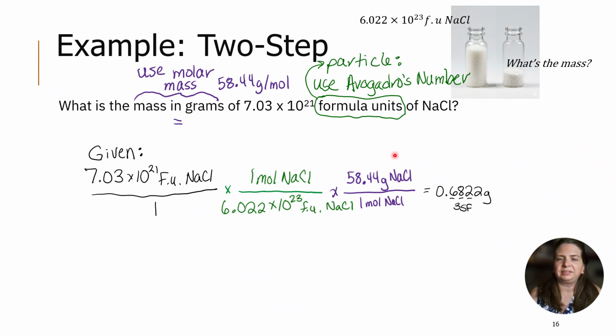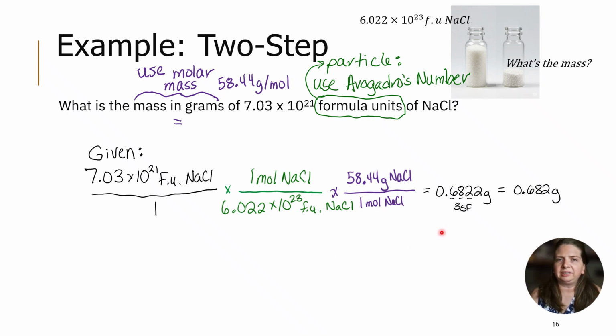Enter this into your calculator, and you should get that 7.03 times 10 to the 21st formula units of NaCl is 0.6822 grams. We need 3 significant figures in our final answer, which is 0.682 grams of NaCl.